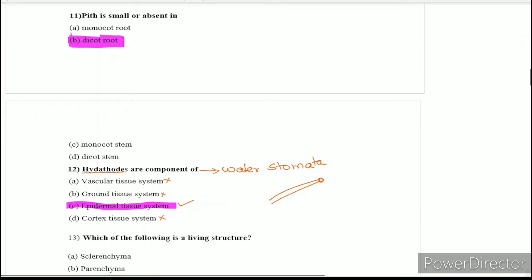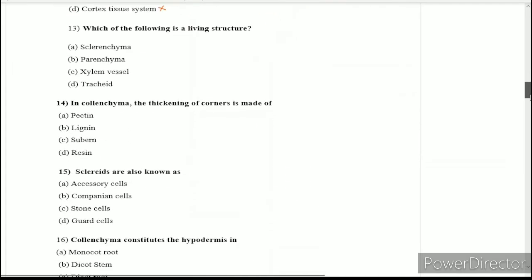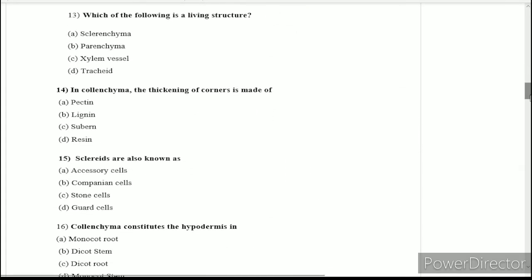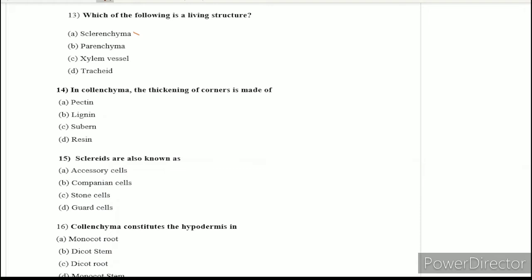Which of the following is a living structure? Option A, sclerenchyma. No. Sclerenchyma has lignin and suberin deposition, so it is not a living structure. Option B, parenchyma.